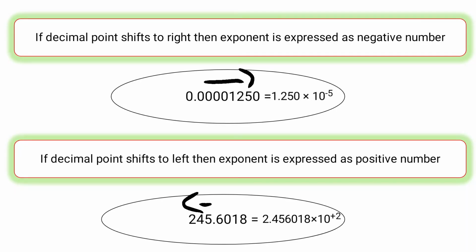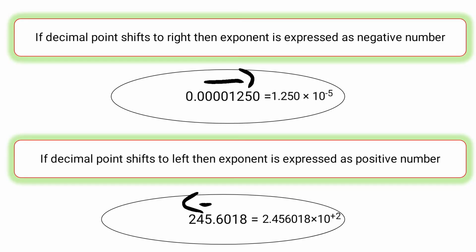Now, why is the exponent positive? It is because we have shifted the decimal point towards the left. And why is the exponent 2? It is because the decimal point has shifted only 2 places towards the left. So this is all about rule 1 and rule 2.